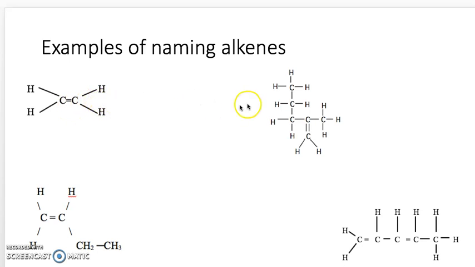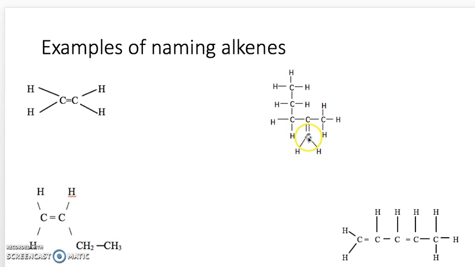Let's look at another example. In this example, we have 1, 2, 3, 4, 5 carbons in the longest chain, so that would be pent. So this is pentene, and we need to name the position of the alkene bond.